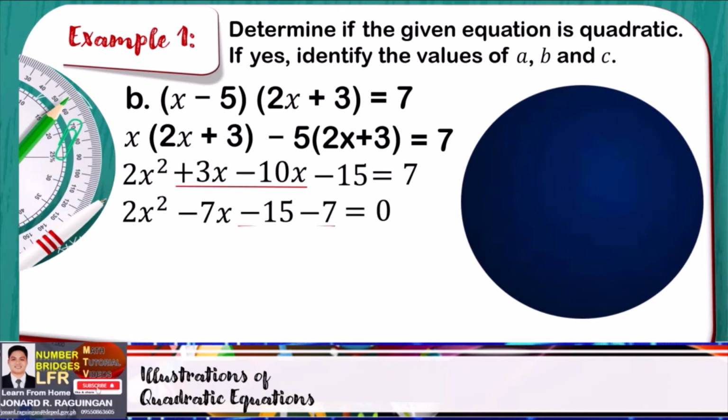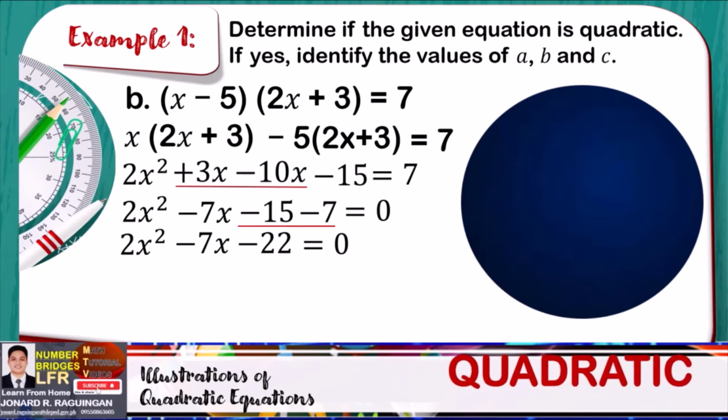Combining similar terms, copy 2x squared minus 7x. Negative 15 minus 7 is negative 22 is equal to 0. Since the degree of the equation is 2, it is a quadratic equation.